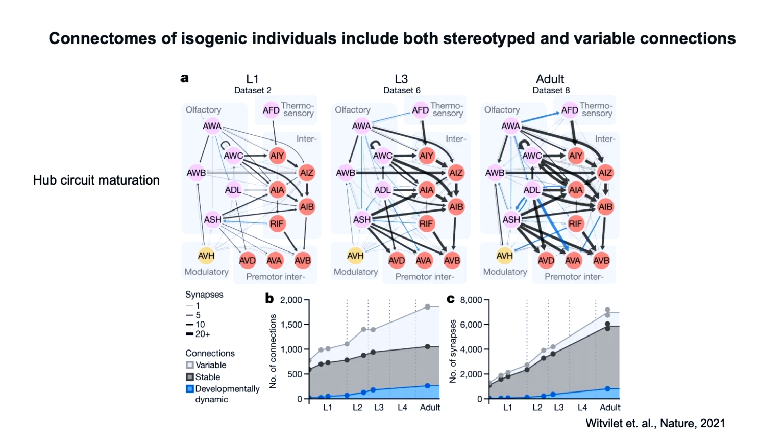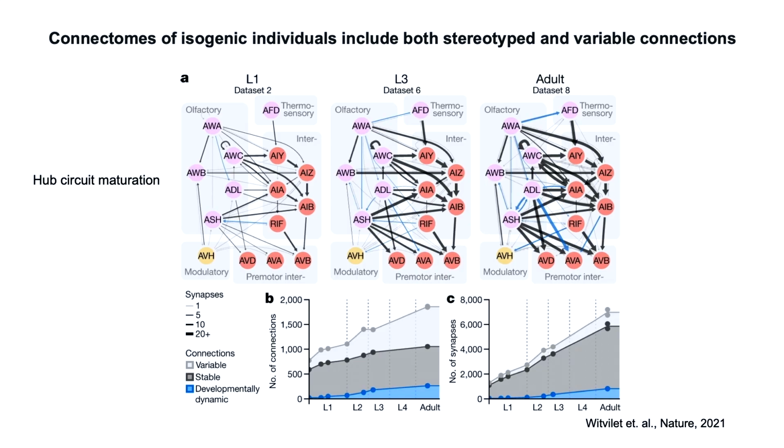Okay. So, if you look at the statistics, this is the amount of stable connections, and this, we call variable connections. Okay. Variable connections means that are variable between individuals. These are not variable between different developmental stages, and these are developmentally new connections.